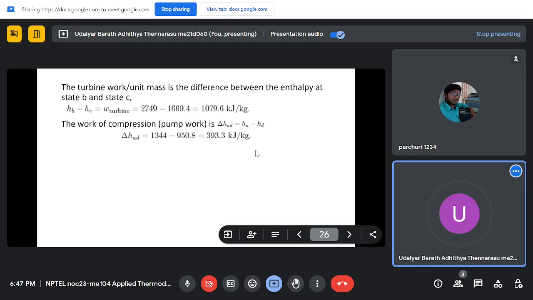So I think if you can calculate what will be the work ratio, what do you think the work ratio will be?